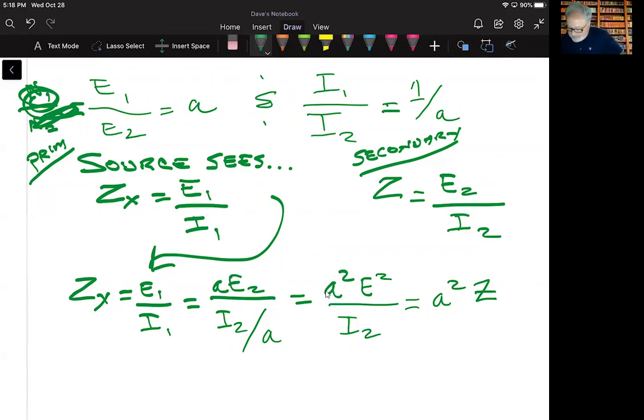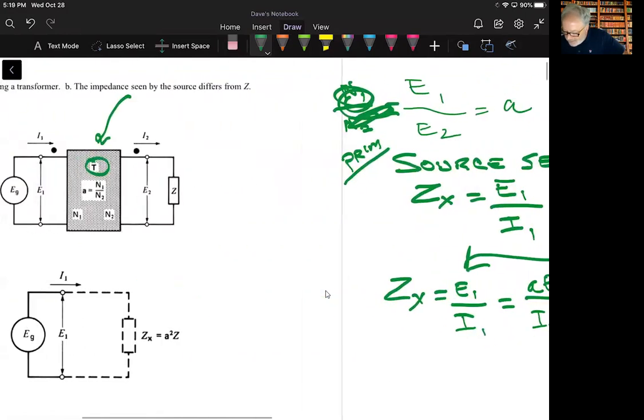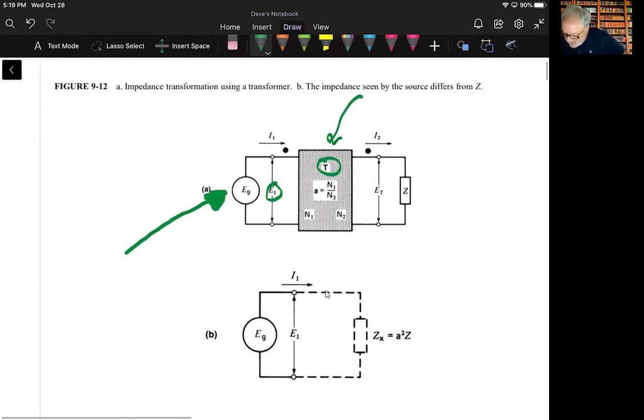As I look at this slide and what this voltage source sees, meaning what it is working against, the impedance it's dealing with is going to be the voltage divided by the current right here.